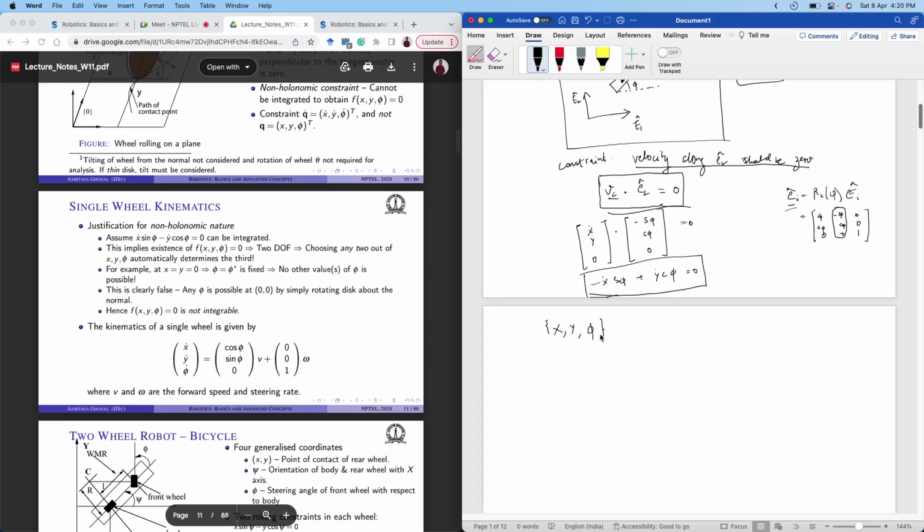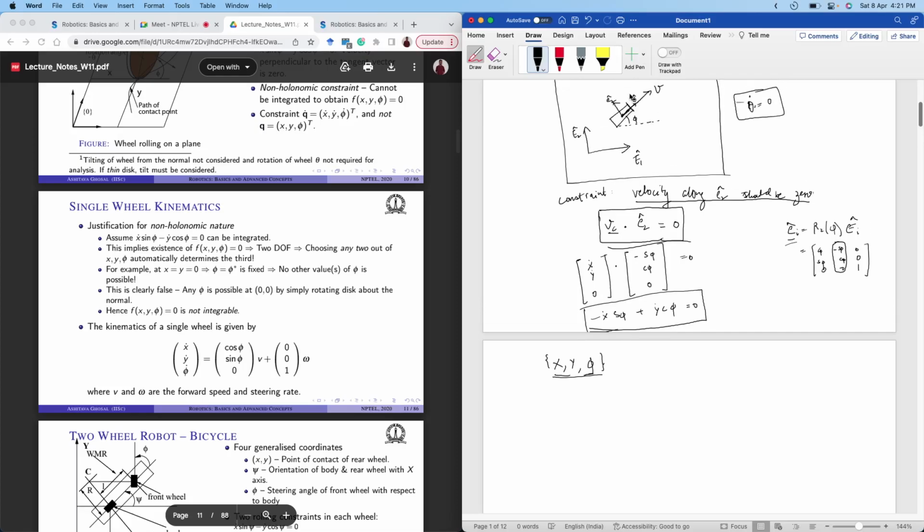Okay, if you are not assuming that the coin is falling, then the total configuration of the coin can be represented using only three variables: the xy position of the center and the angle phi that the coin makes with this E1 basis vector. Okay, so I think we should write it properly.